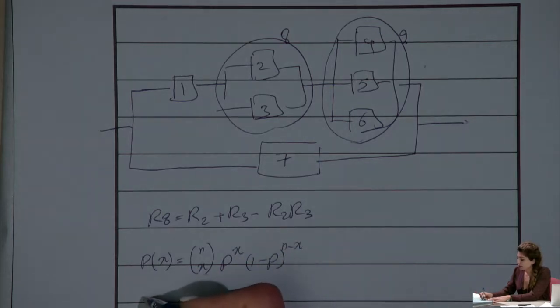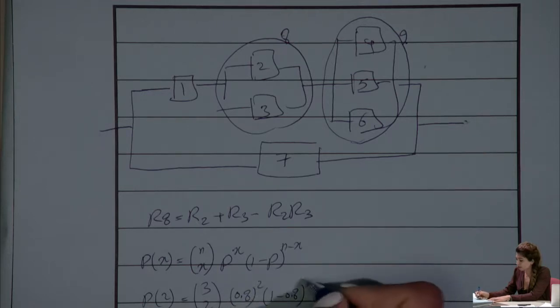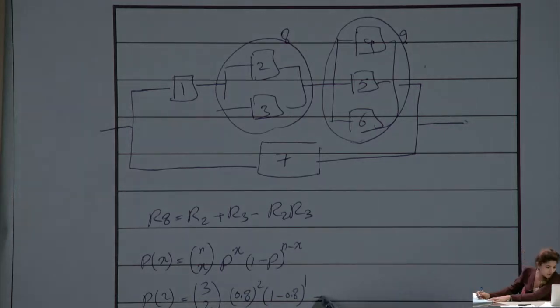So if I want to calculate the probability that 2 out of 3 are working, your p is given to be 0.8 to the power of 2, and 1 minus p, which is 0.2, to the power of 1. And this combination, if you put it in Excel, you get a value of almost 0.38.